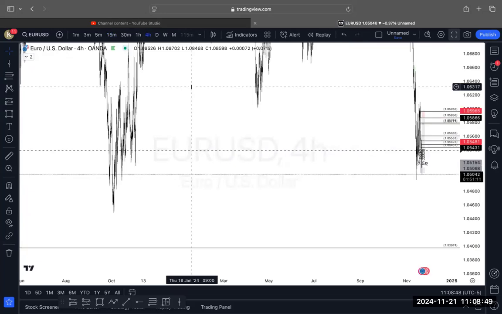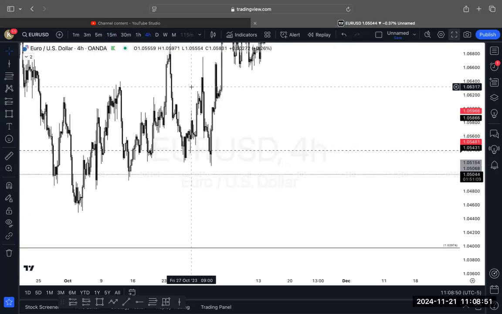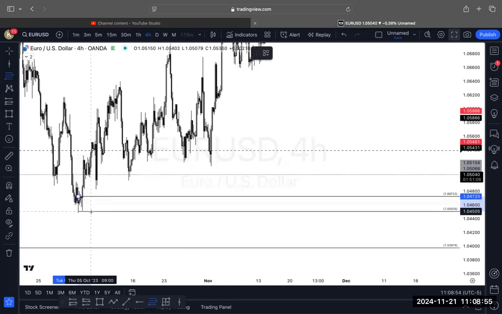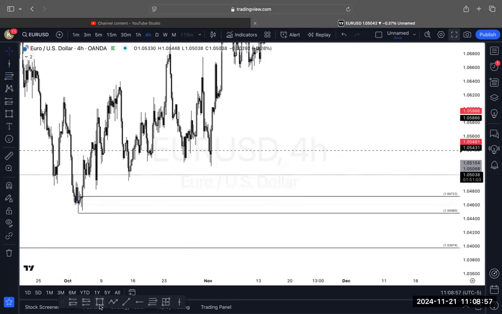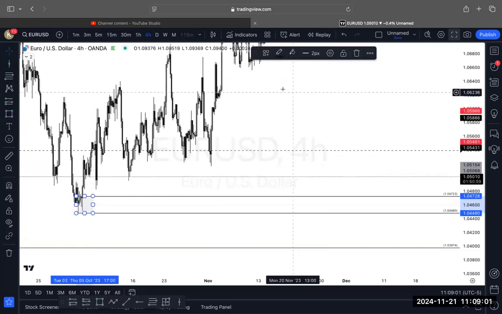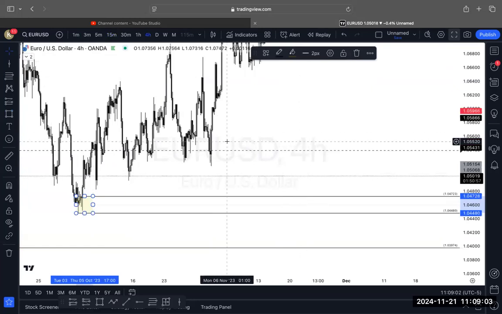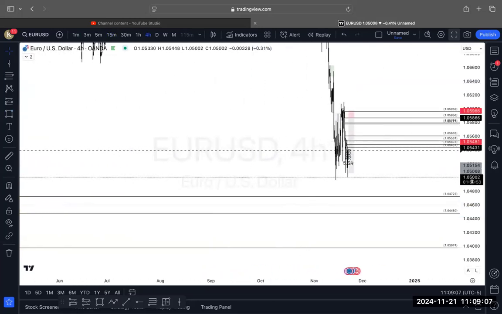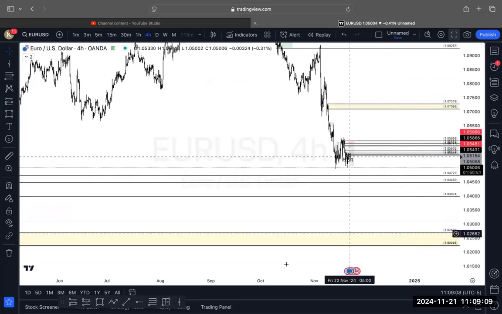Where will it stop? We have to look at the nearest demand zones. We have this one on the floor we could get a reaction off of. But my overall target is this daily. And even inside this daily, we have this 4 hour that is a lot lower down, right?